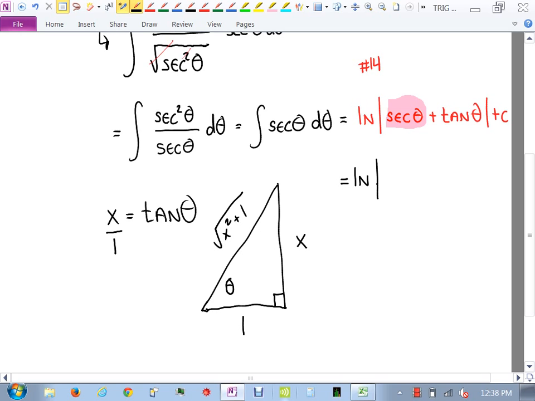It's the reciprocal of cosine, so cosine is this over this, and secant is this over this, isn't it? So isn't it just square root x squared plus 1 plus, what was tangent theta? It was just x, plus c. Doesn't that match formula number 25?